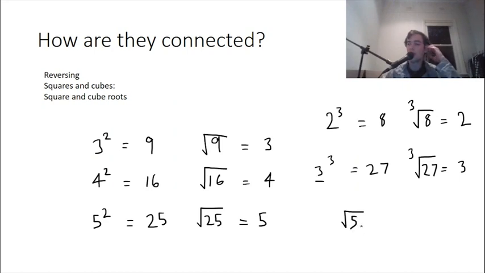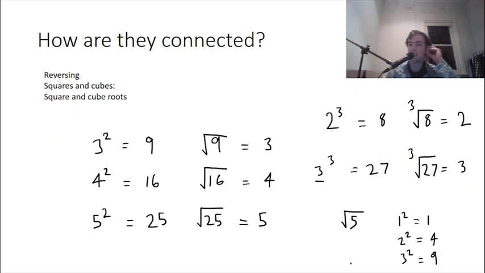Now, you could try and work this out. You could say, well, let's just try some numbers. 1 squared is 1. 2 squared is 4. 3 squared is 9. But now, hopefully you've realized there's a problem here because 5 is in between 4 and 9.